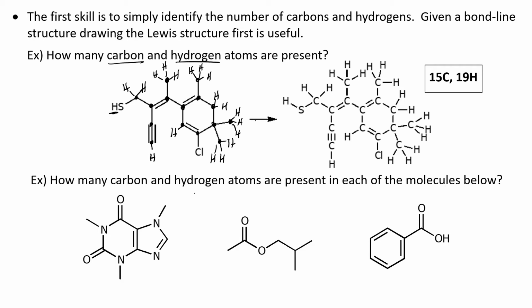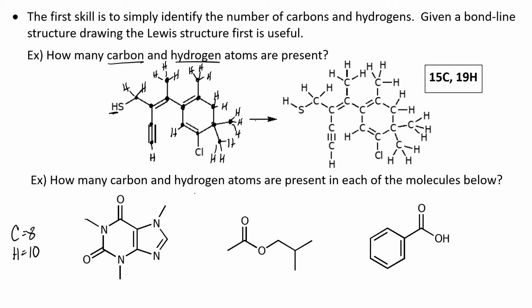I'd like you to stop the video and give the next couple examples a try. When you come back, I'll give you the answers and show you the number of carbon and hydrogen atoms. All right, hopefully you've had a chance to give this a try. For our first molecule, there are 8 carbons and there are 10 hydrogens.